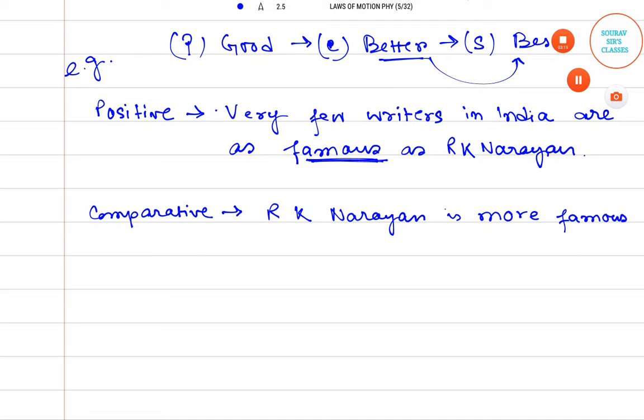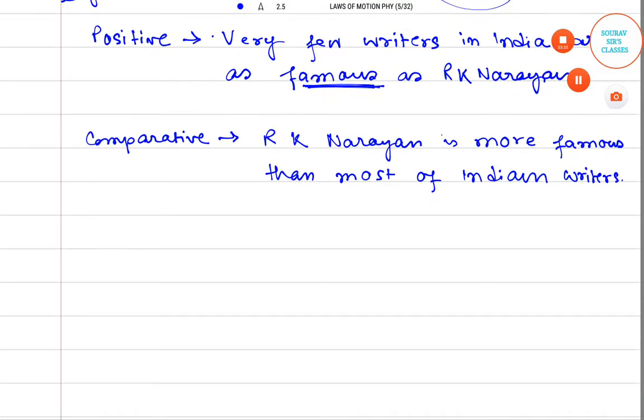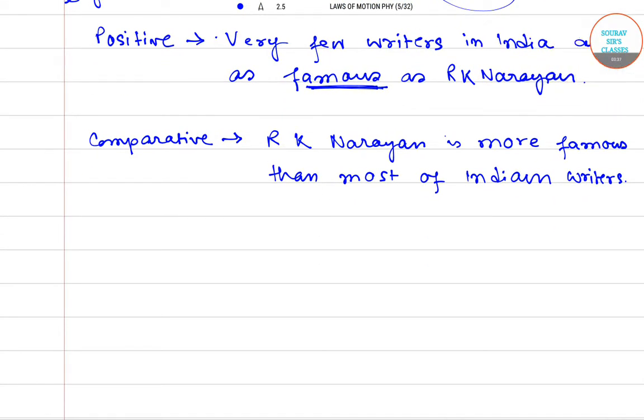R.K. Narayan is more famous than most of the Indian writers. So now this is a transformation from positive to comparative.